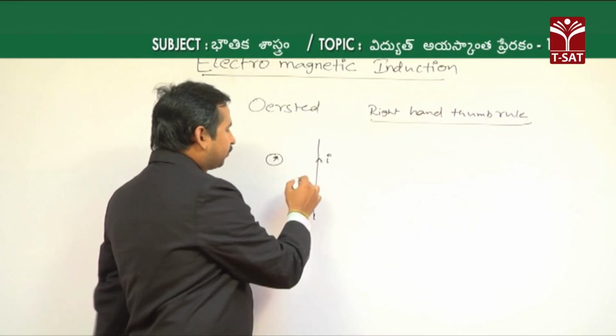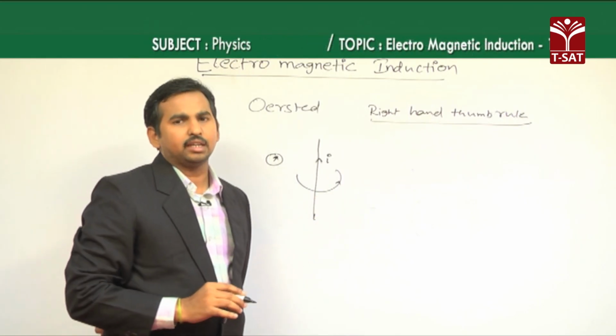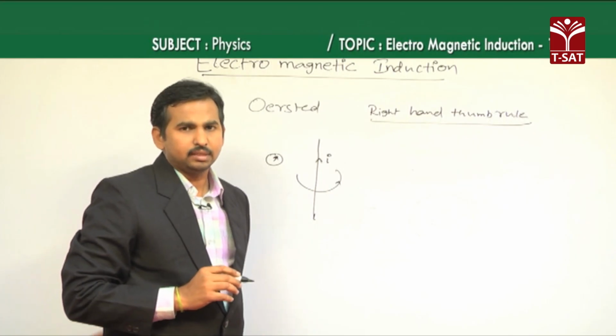The direction of the curling fingers gives you the direction of the magnetic lines of force around the current carrying wire. See that again.